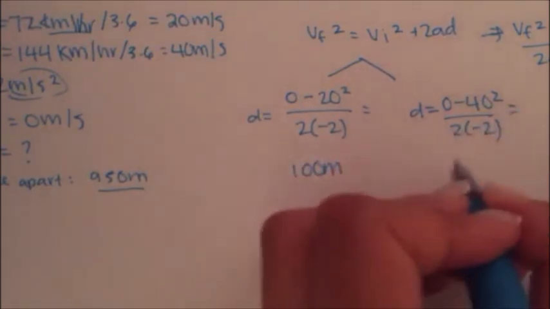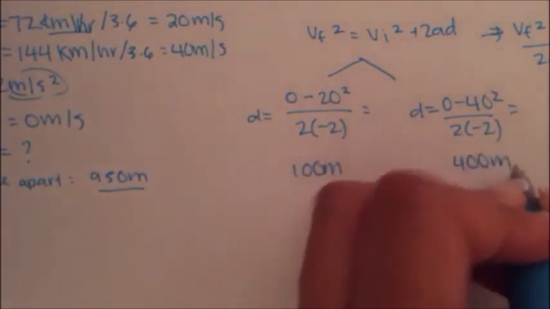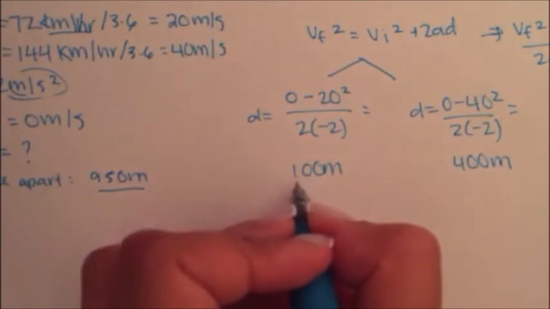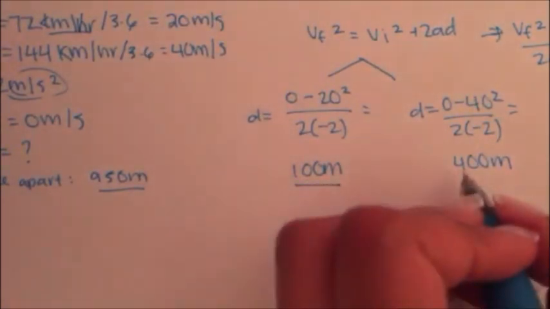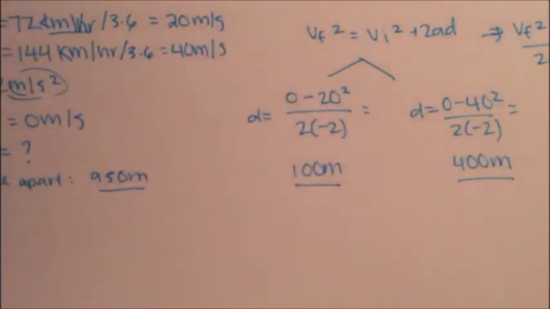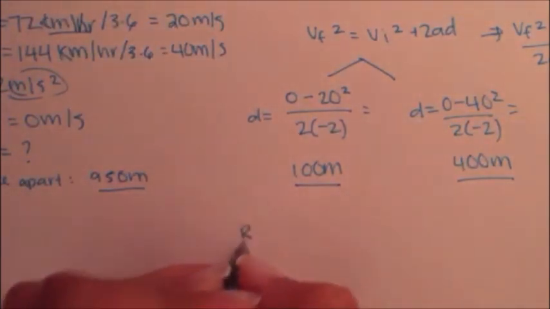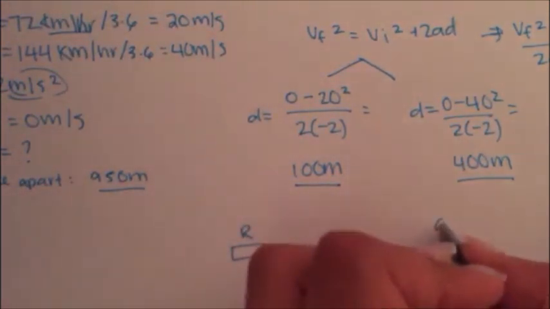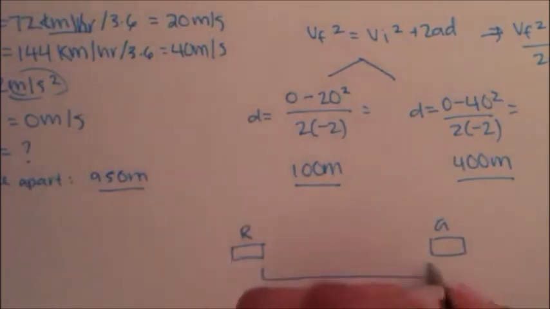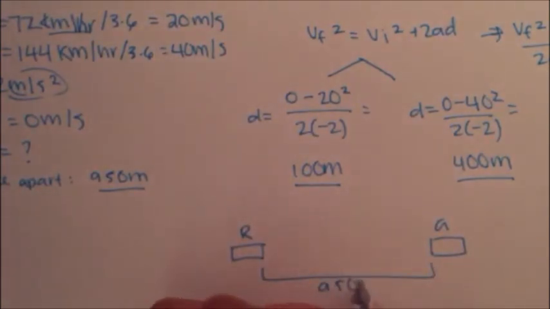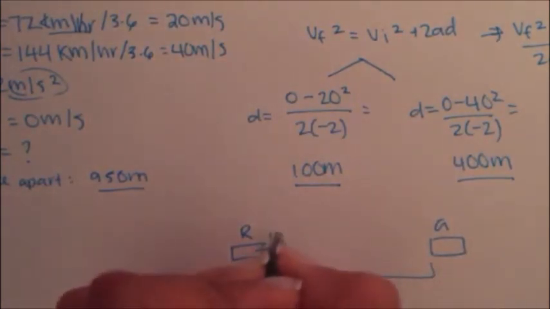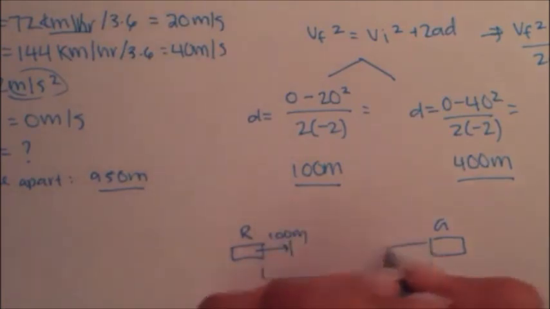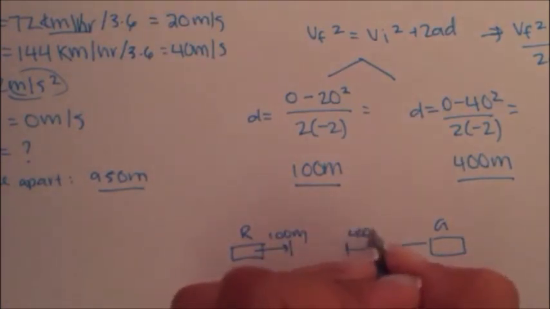So we're going to get a distance of 400 meters. This basically means that the red train travels 100 meters before it stops, and the green train travels 400 meters before it stops. So if we have the red train here, and the green train here, and they were 950 meters apart, this one travels 100 meters and stops, this one travels 400 meters and stops.